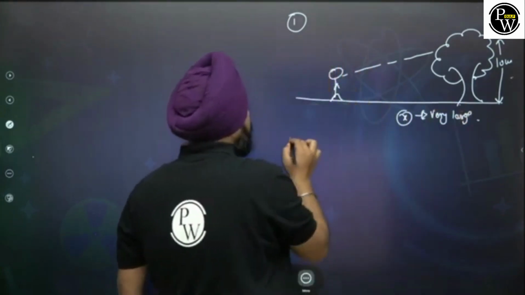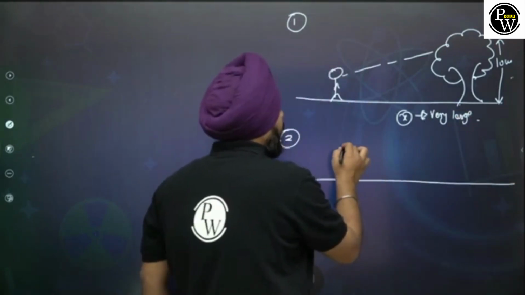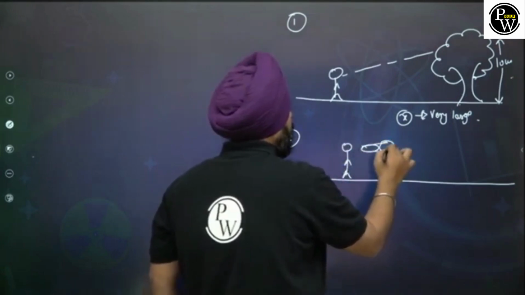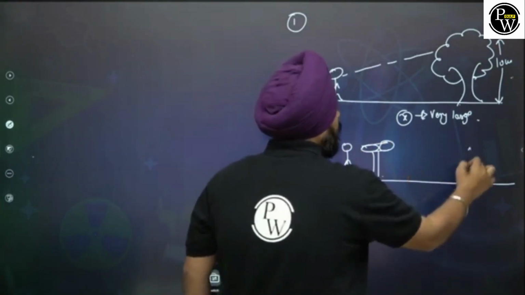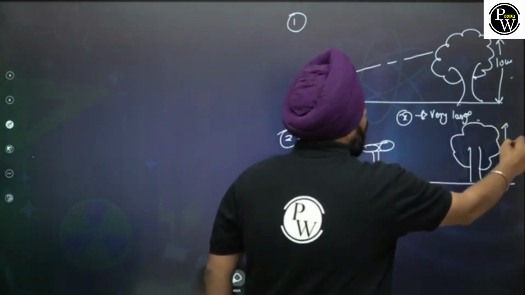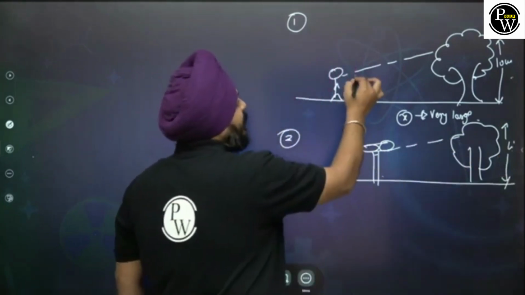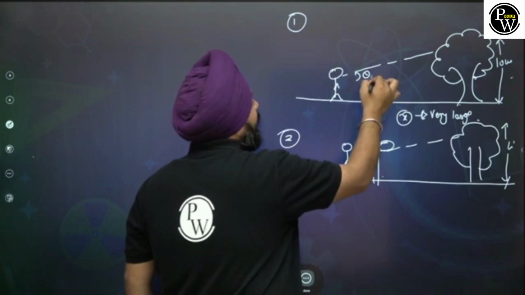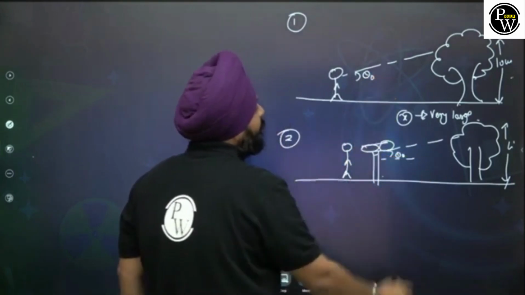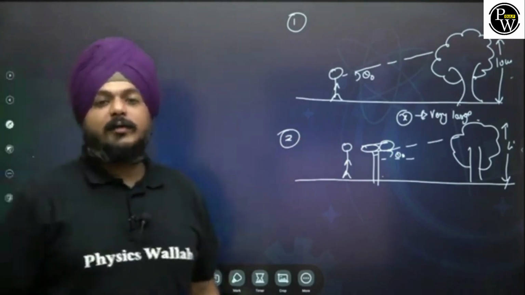The second situation is when he is seeing with an instrument; this will be the height of the image that appears. So when he is seeing with the naked eye, the angle is theta 0. When he is seeing with an instrument, the angle is theta. These are the two situations we are going to deal with.